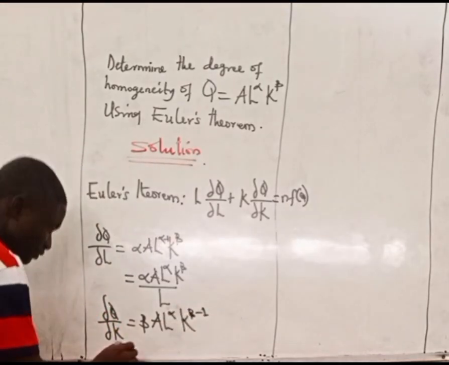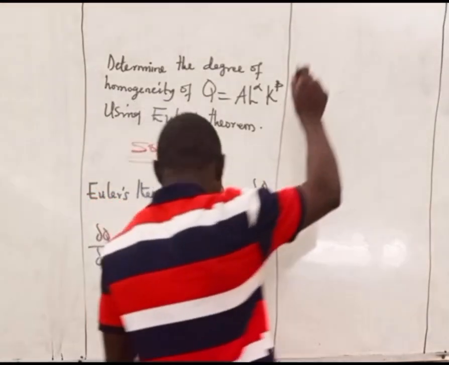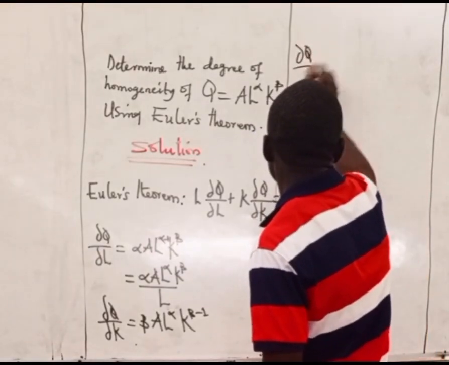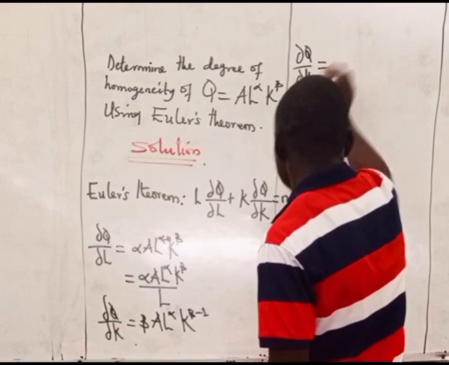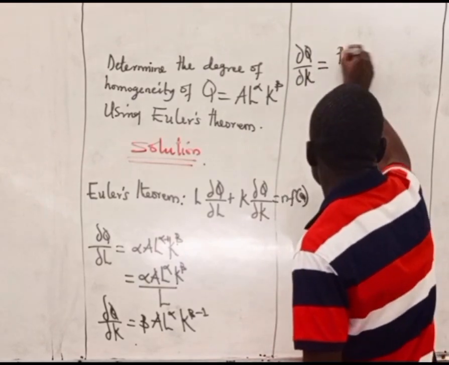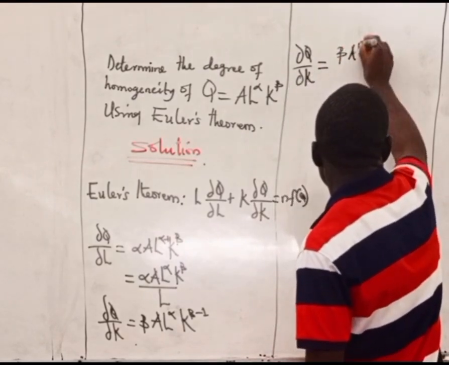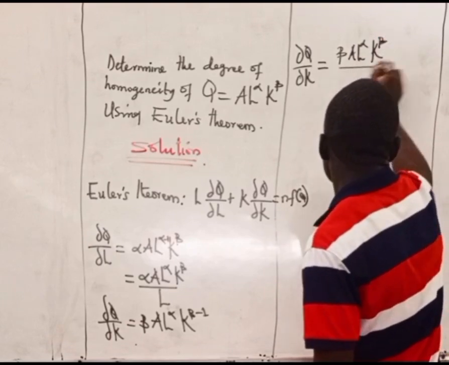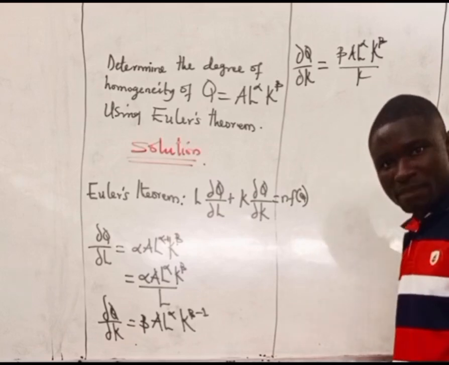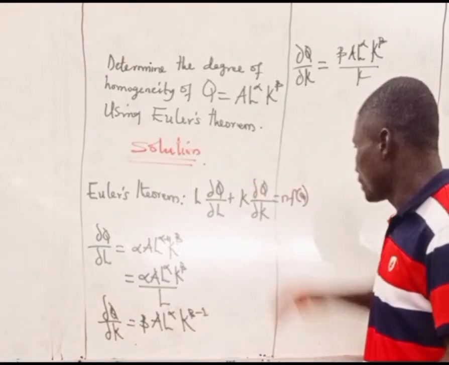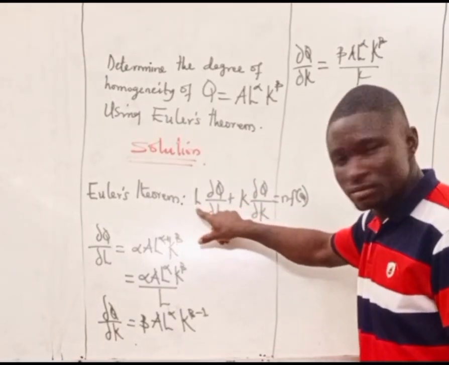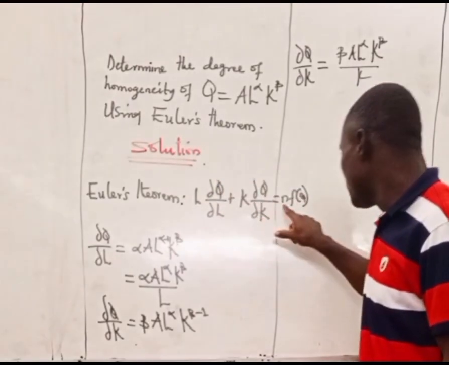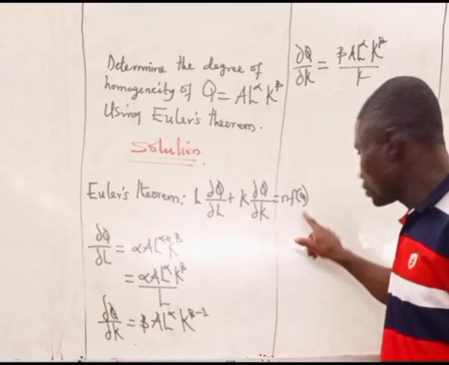This can also be written as dq dk equals beta A L^alpha K^beta over K. Remember this formula. Now, this formula says L dq dl plus K dq dk equals n function of Q.